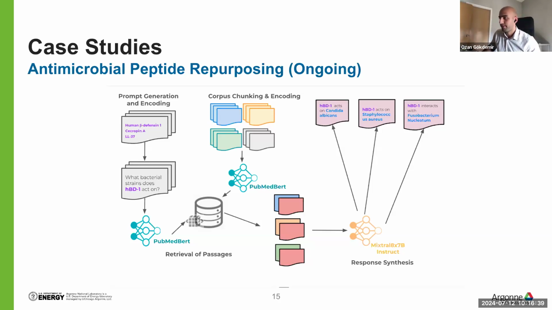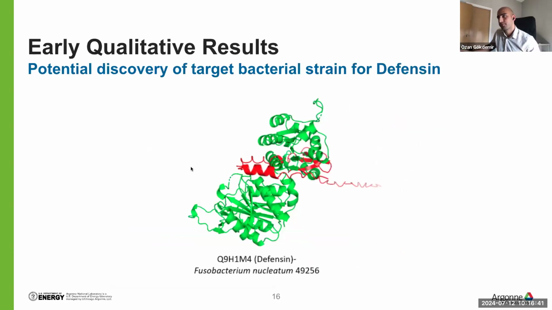Okay, so automated science. And we are looking at whether defensin is effective on Fusobacterium nucleatum, using this method. It's an early result, so I don't want to talk more than that about it.